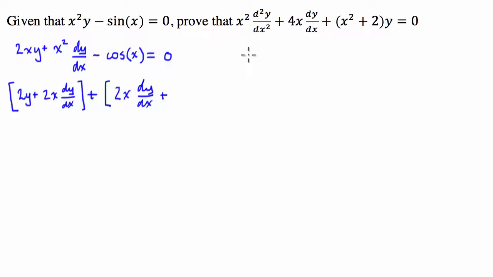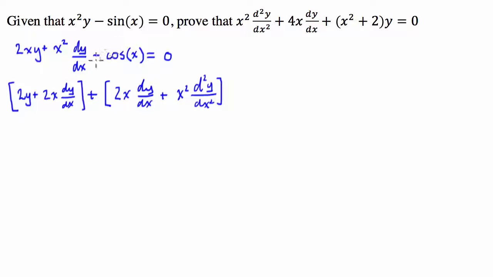And we're going to add that to, leaving the front constant, x squared, multiplied by the derivative of the back, which is d squared y over dx squared. So the double derivative there. Now that's come from this part.